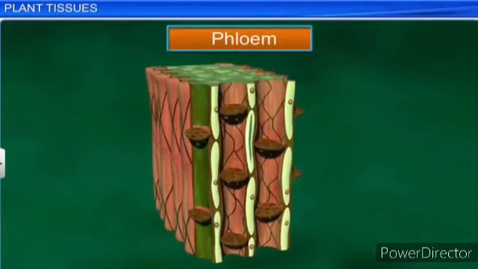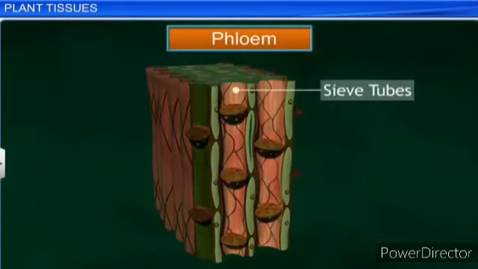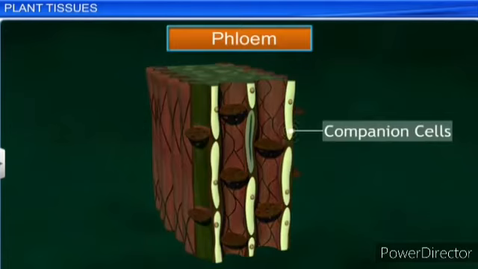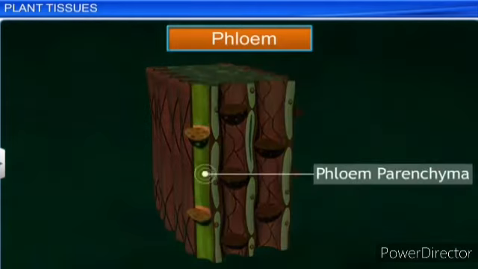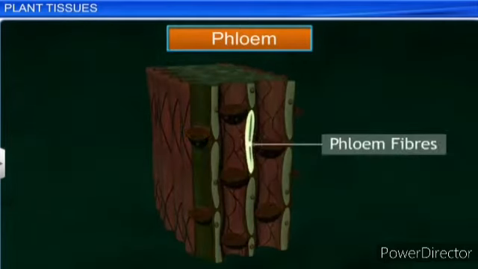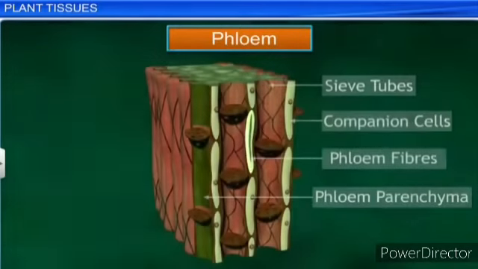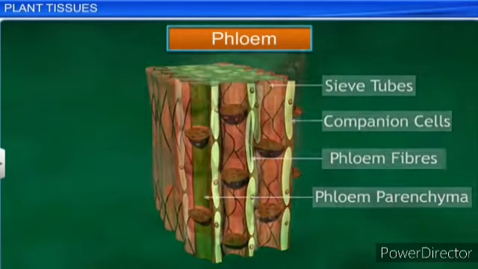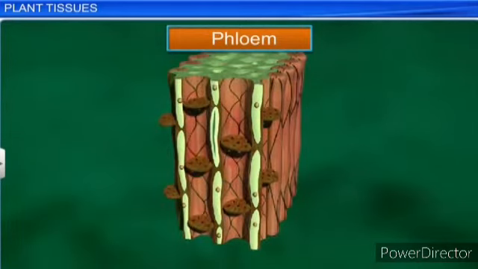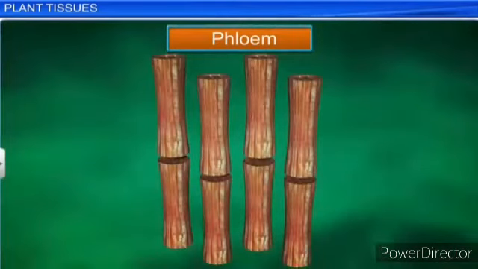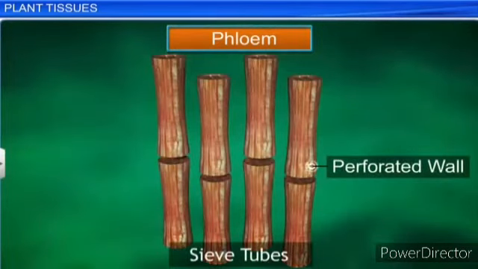Let's now look at different elements of phloem: sieve tubes, companion cells, phloem parenchyma, phloem fibers. Sieve tubes are elongated living cells with perforated walls. They transport sugar or food from the leaves to stems and roots.